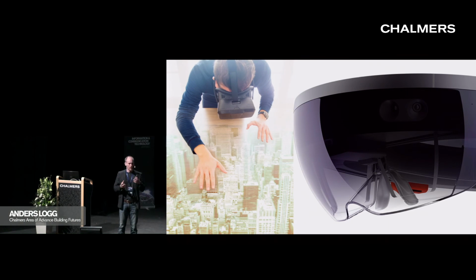So maybe you want to simulate how the ventilation system transports air through the building. What if there is a pollution somewhere? How does that spread through the building? And actually walk around and see and touch the simulation and do real-time visualization and simulation. This is a very fun project that we just started. So hopefully we can present some nice results later this year. So I will stop there.